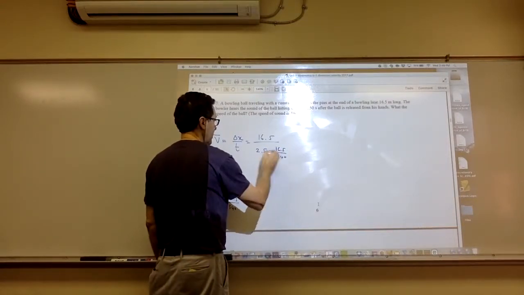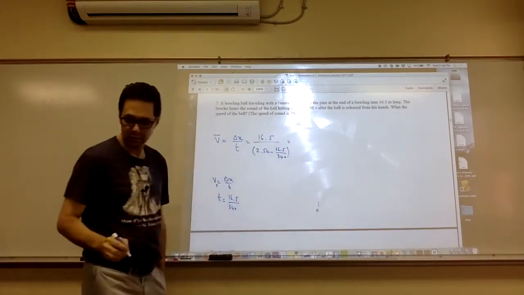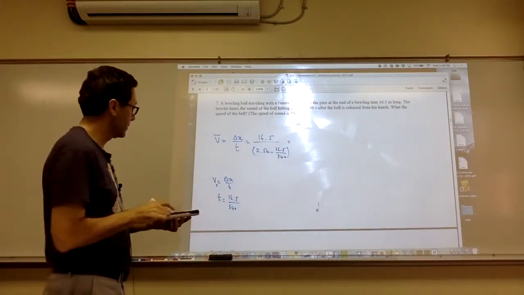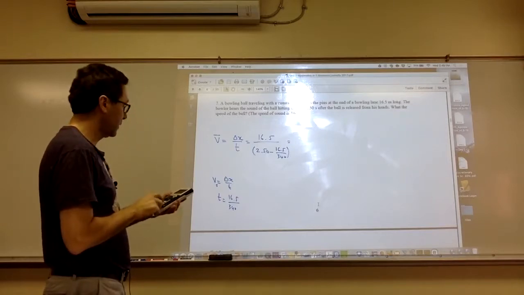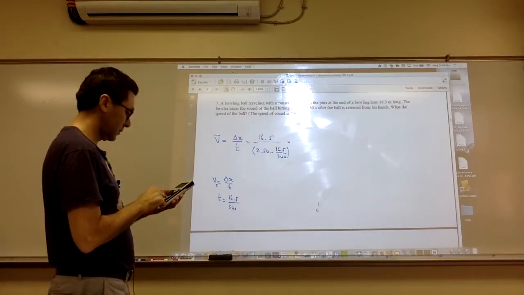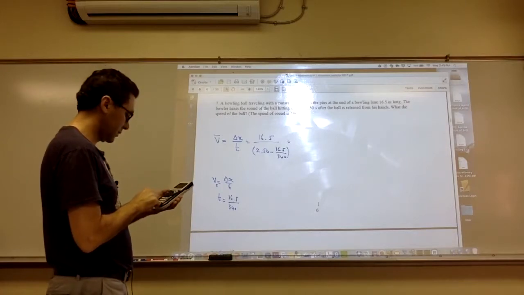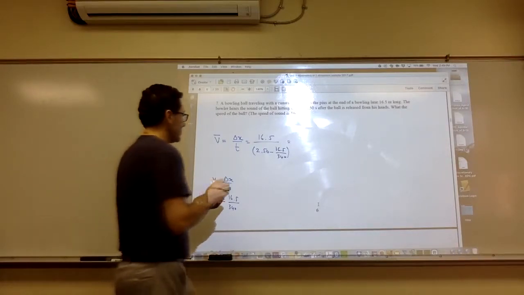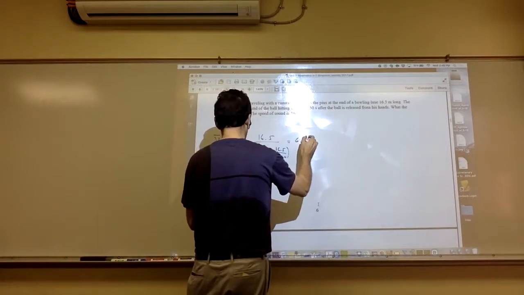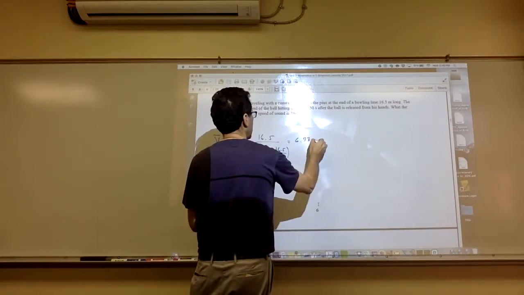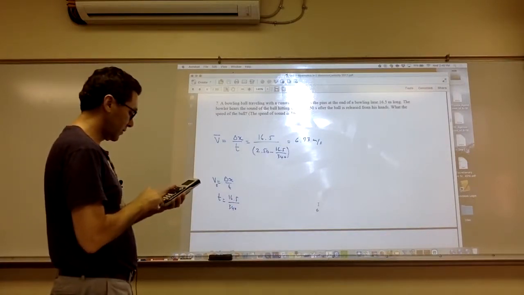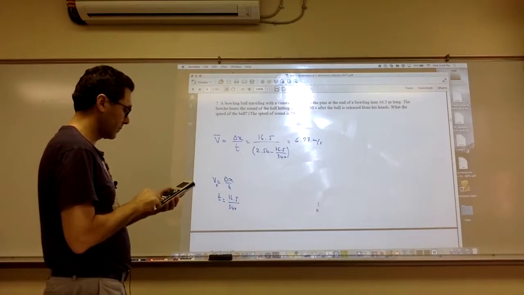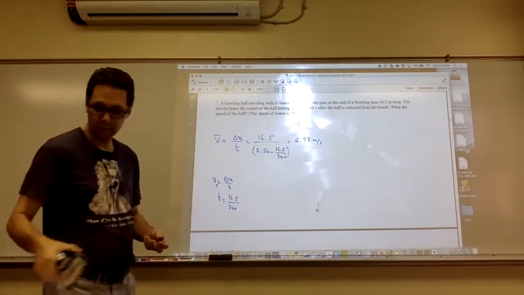So that's 2.5 minus 16.5 divided by 340. Okay, and we're going to do 16.5 divided by that. So speed is 6.73 meters per second. If we did it just with the 2.5, it would be different. It would be 6.6. Okay.